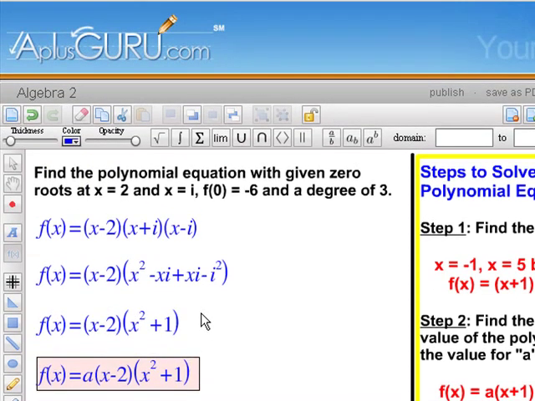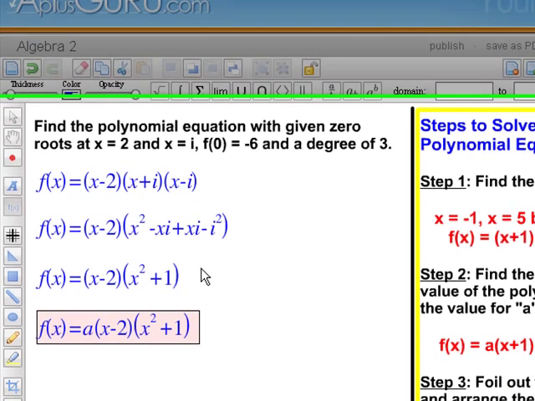Now the way we can figure out what a is going to equal is by using the point that we're given. We're going to plug in 0 for x, and we're going to plug in -6 for f of x.